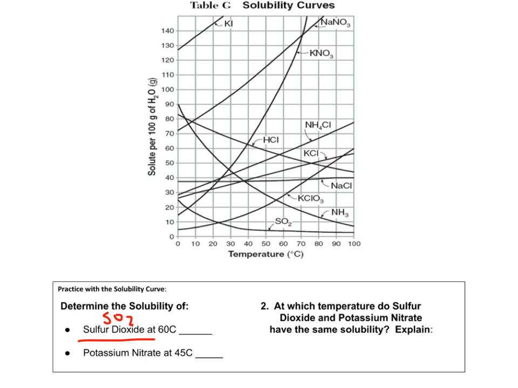So I'm going to come over here on the x-axis and find 60 degrees. All right, 60 degrees is right there. Now, I need to be able to identify my line. So I'm going to go ahead and highlight the line just so you're aware of which one we're looking at. So sulfur dioxide at 60 degrees.